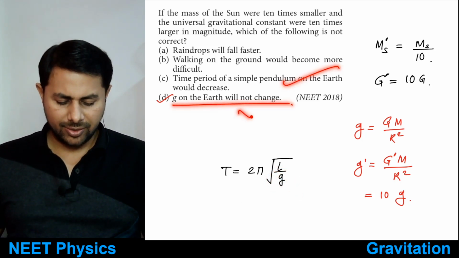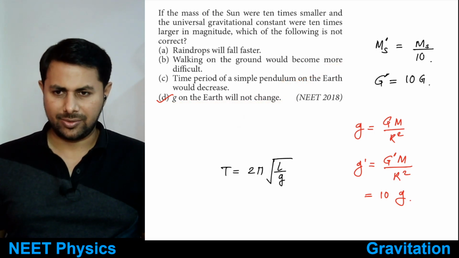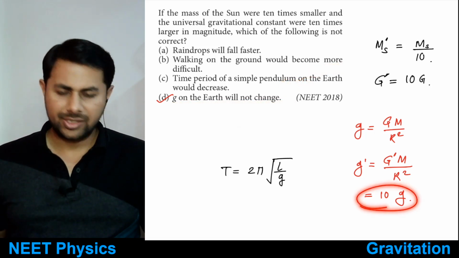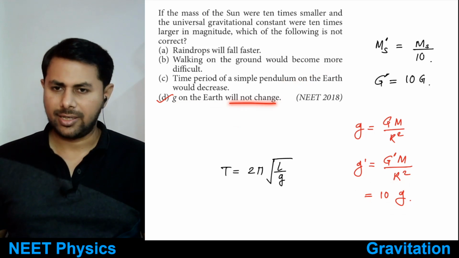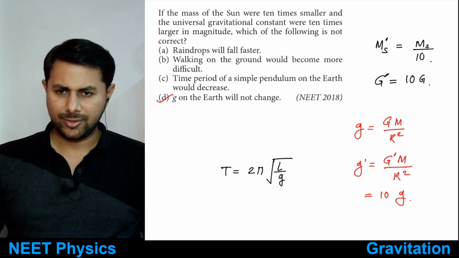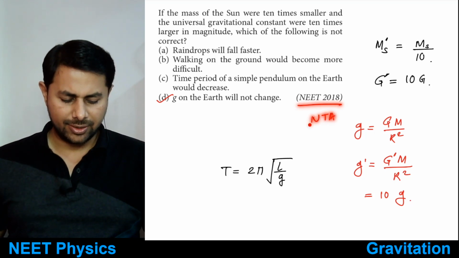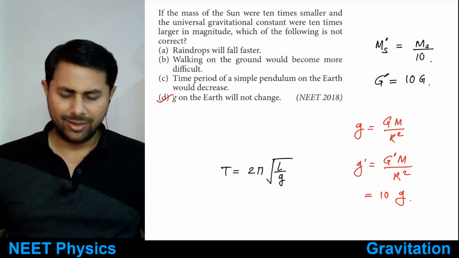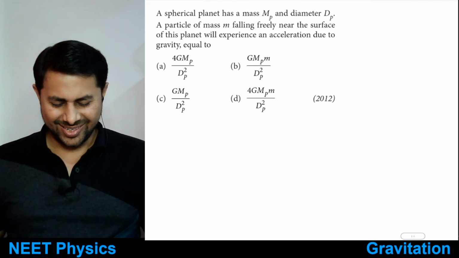What is not correct? g on Earth will not change. Actually it's changing, right? So everyone, is it clear? Okay, good. So this is from 2018, means an NTA question. Good question, right? Let's see the next one.